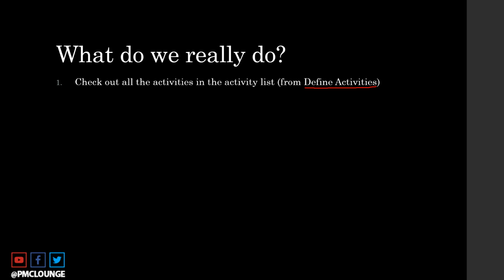One of the major outputs is the activity list. This list contains all the activities that are going to be part of any project. So that is an important input for this process, and we are going to check out all the activities that are listed in that list.